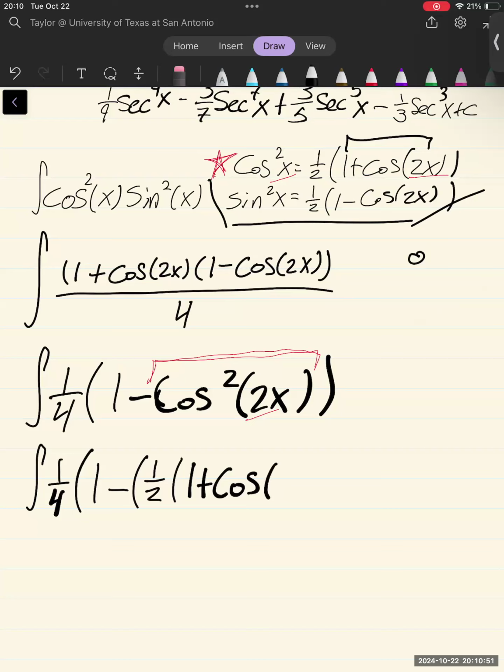And then remember, x becomes 2x, so now I have 2x, and this is 4x. I think my parentheses are correct. I don't think I need 3. No, I do need 3. Okay, so then what is the next step here?